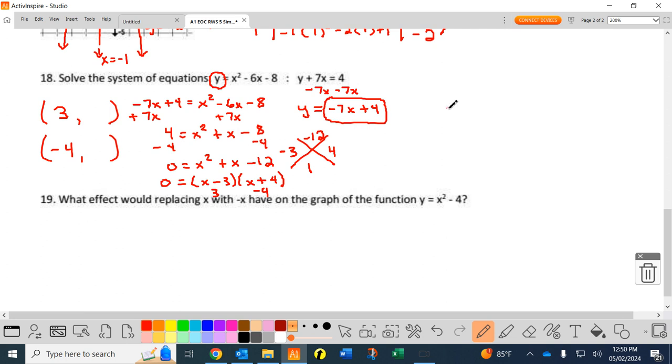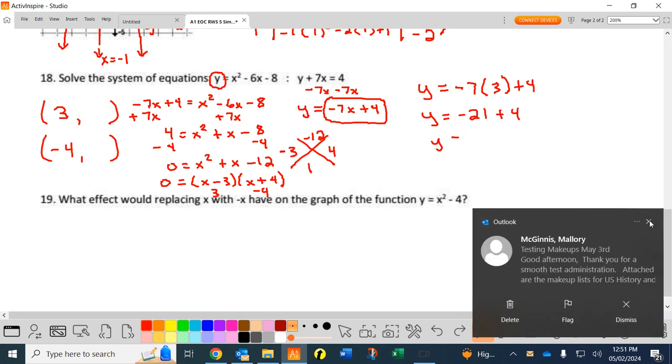So that's going to make it y equals the opposite of 7 times, I'm going to plug in my 3, plus 4. That's going to make y equals negative 21 plus 4, which means y equals... sorry, wrong answer. It's going to be negative 17. Sorry about that.